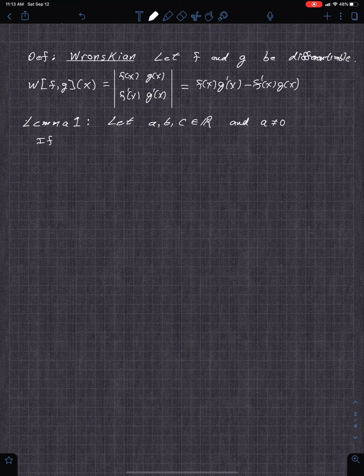If y1 of t and y2 of t are any two solutions to our second order linear differential equation with constant coefficients, a y double prime plus b y prime plus c y equal to 0 on R.